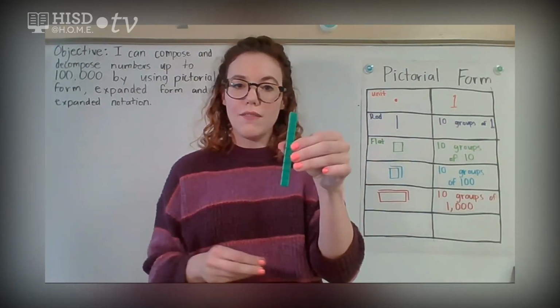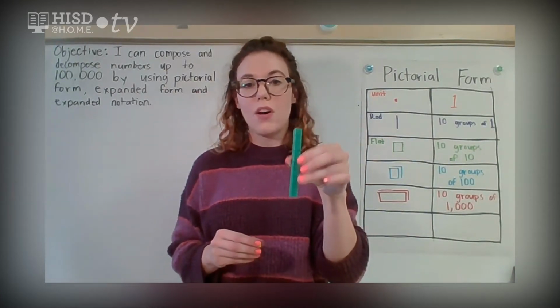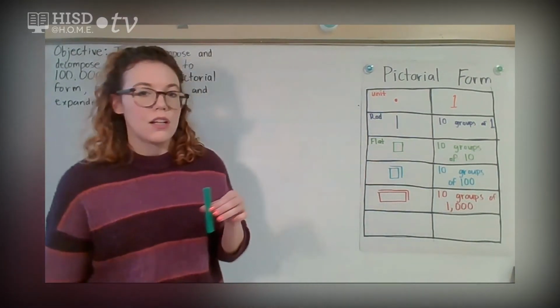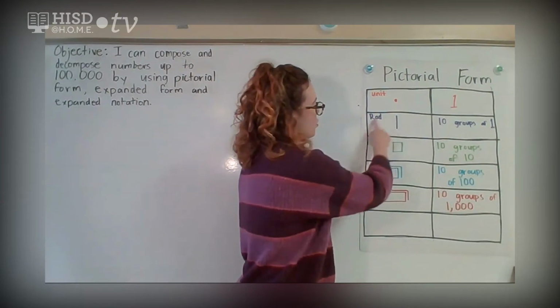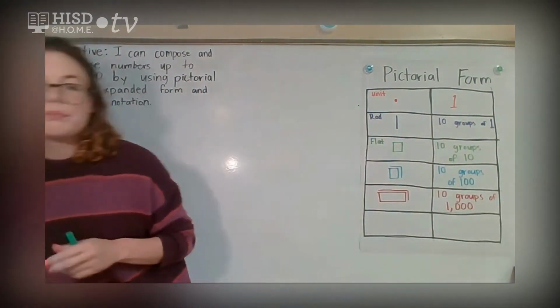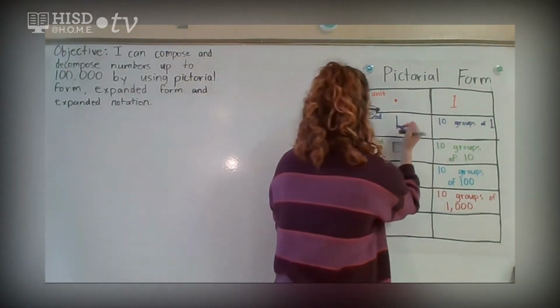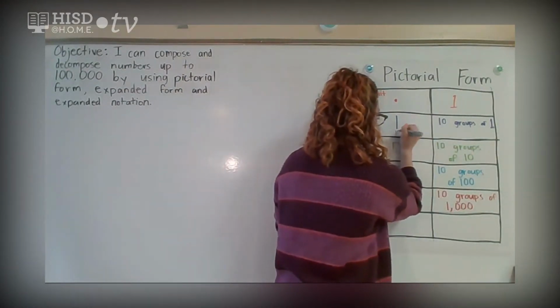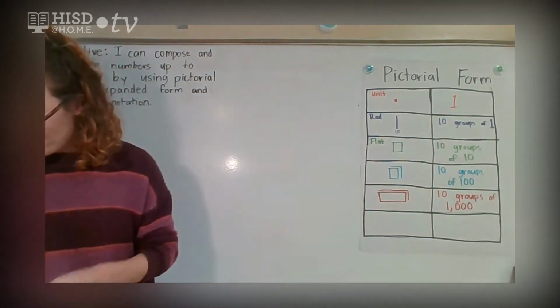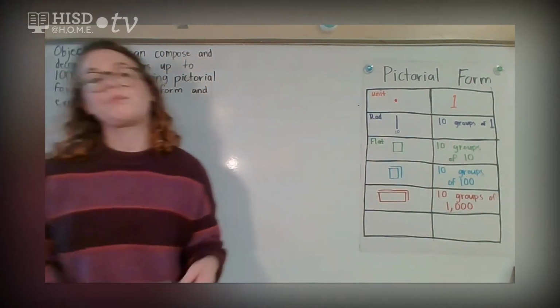So our rod has a value of 10, but it also has 10 groups of 1. We have our pictures over here. So our rod has 10 groups of 1, and I'm going to add that its value is 10. Excellent.